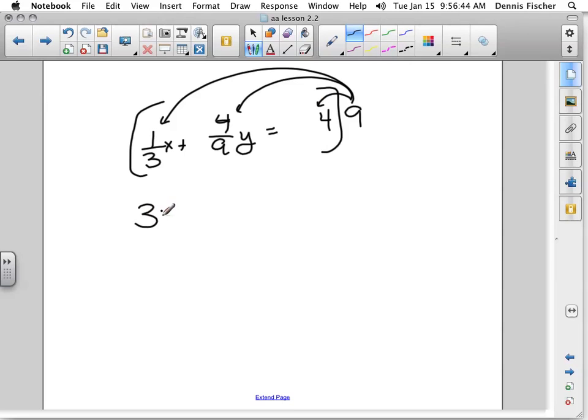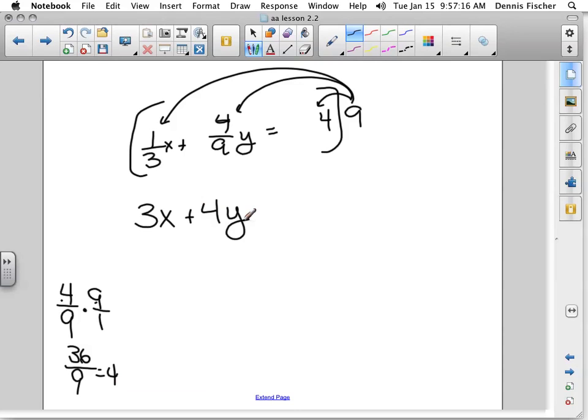And then I still have the x there. Plus, what's 4/9 of 9? 4. If you don't know it, go off the side: 4/9 times 9 over 1. 4 times 9 is 36, and 9 times 1 is 9, which is 4, like a 4y.